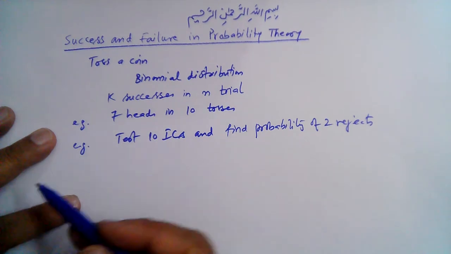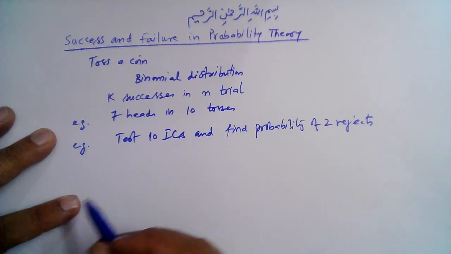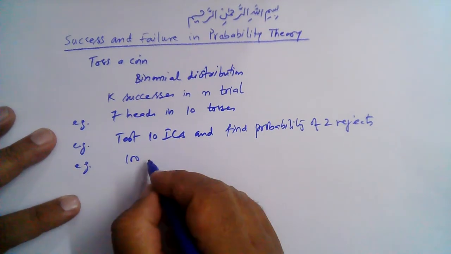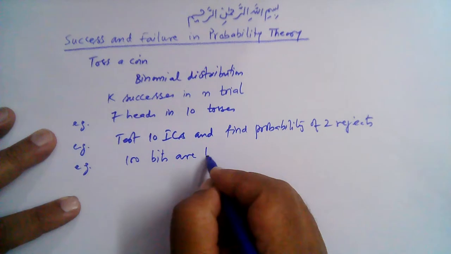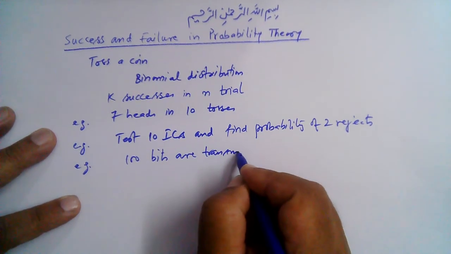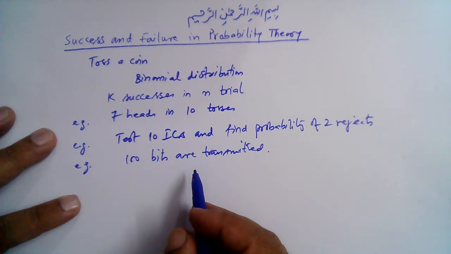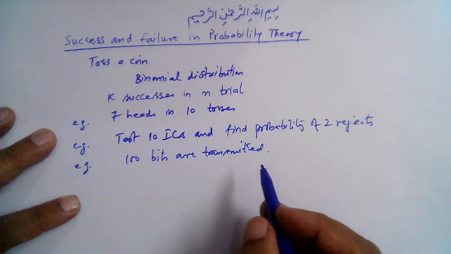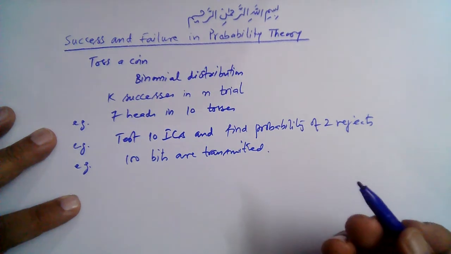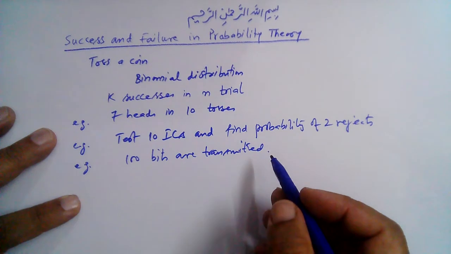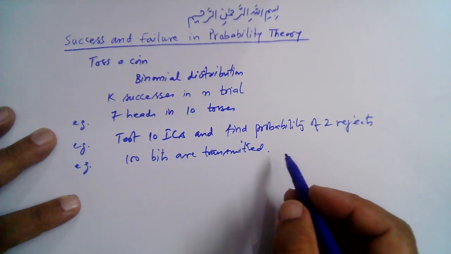Similarly, if 100 bits are transmitted, and you are asked to find the probability that the 7th bit error occurs while transmitting the 90th bit. So that will be treated as the 7th success at the 90th trial.